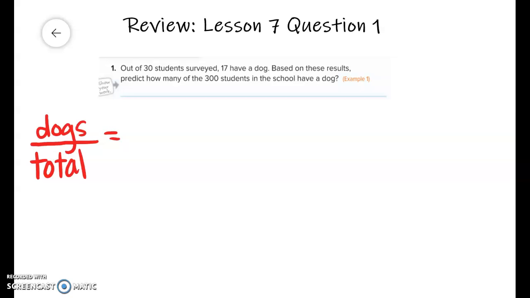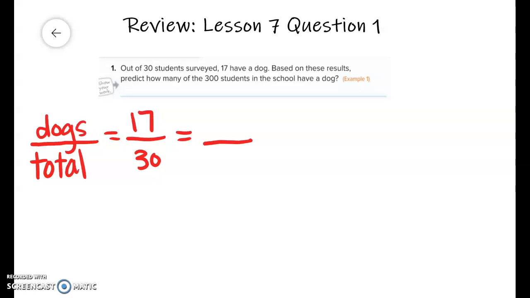We're going to go back into the question and find the ratio that they told us. They told us that 17 out of 30 students have a dog. And then we're going to go back into the question and find out what they're asking us about. It says, predict about how many of the 300 students in the school have a dog.